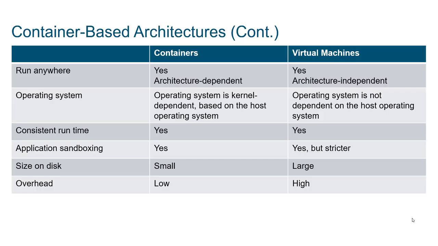On average, a container image is on the order of, let's say, 100 or maybe a few hundred megabytes, while a virtual machine could easily be 5, 10, 20 gigabytes of storage. They have a consistent runtime in both cases. They both perform sandboxing, but the overhead with virtual machines is much, much higher.